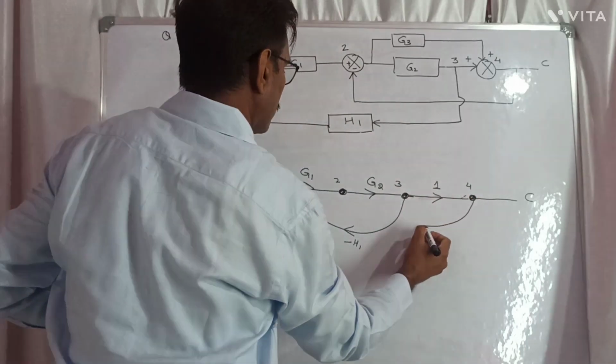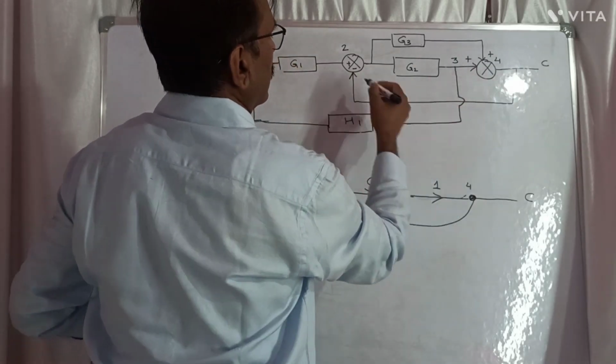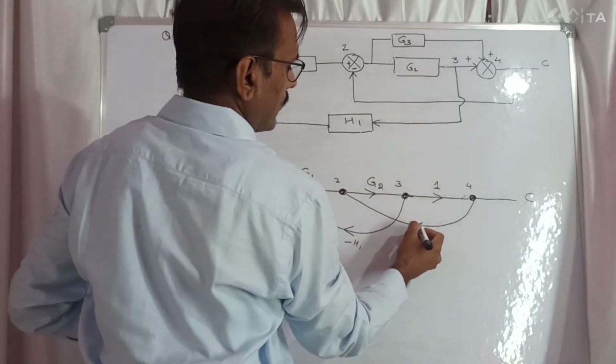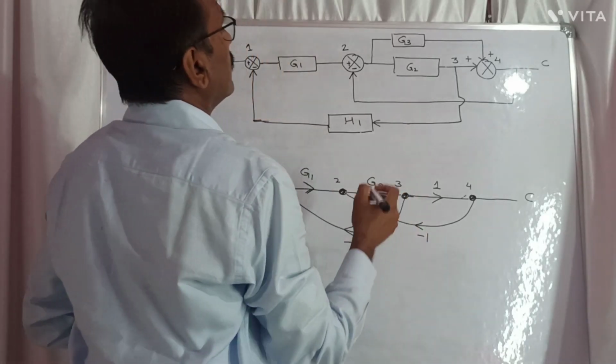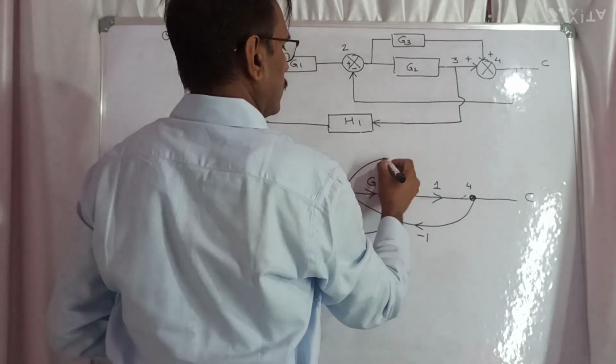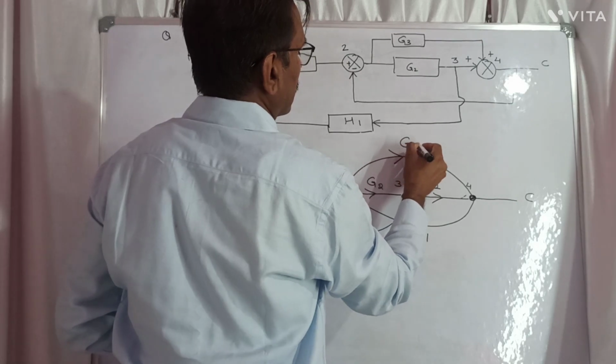From 4 to 2 there is nothing in this feedback and this is the negative feedback. So we will write minus 1 here. From 2 to 4 there is a gain G3.